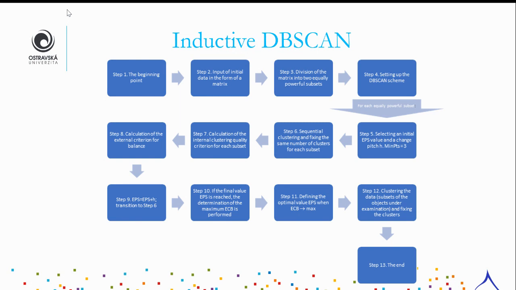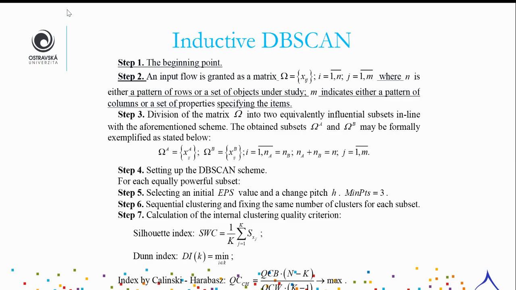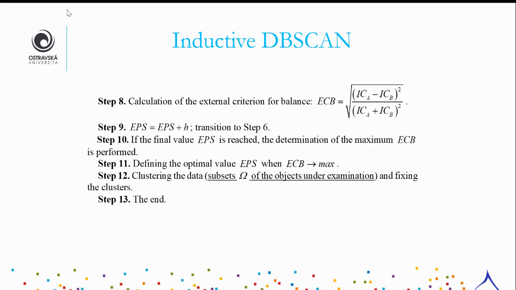In this slide, you can see the scheme of the inductive DBSCAN, which is quite similar, in some basic moments, to the inductive mean shift scheme, except that, as you can see, step 5 is different. So we select different values and we set up different parameters required for the algorithm's functioning, but the rest of the steps are quite similar.